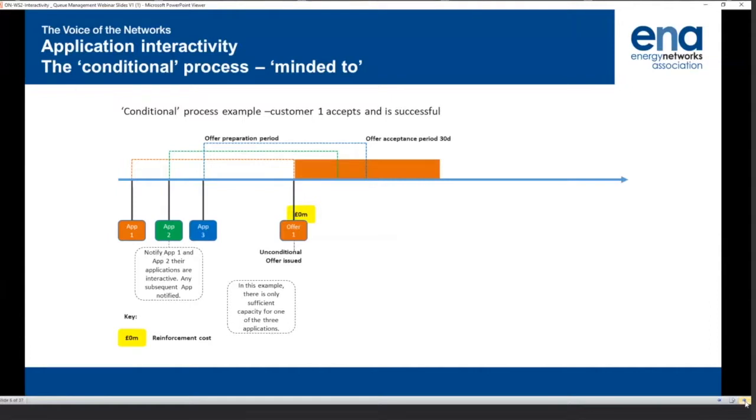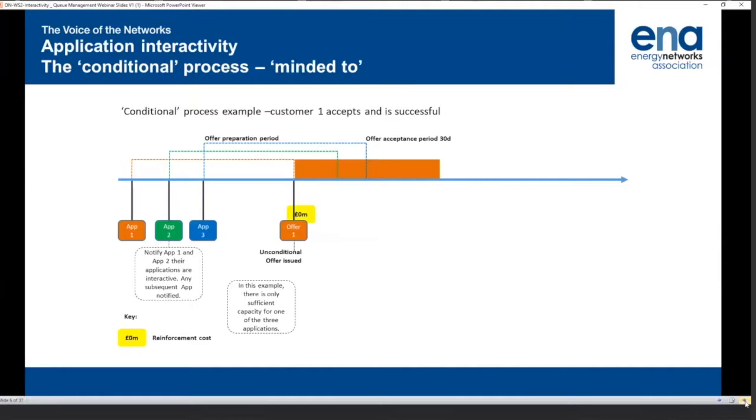So there's a few things to say about this offer for customer number 1. At the top, you can see above the orange bar that the offer acceptance period is 30 days. With this conditional process, when there is interactivity triggered, all offer acceptance periods are reduced to 30 days.